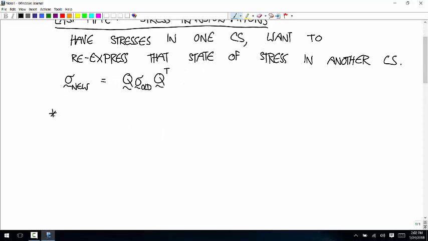One thing to notice here is that I didn't give you a way to do a strain transformation. That's because strain, remember, at least with this definition of strain, is not a tensor.